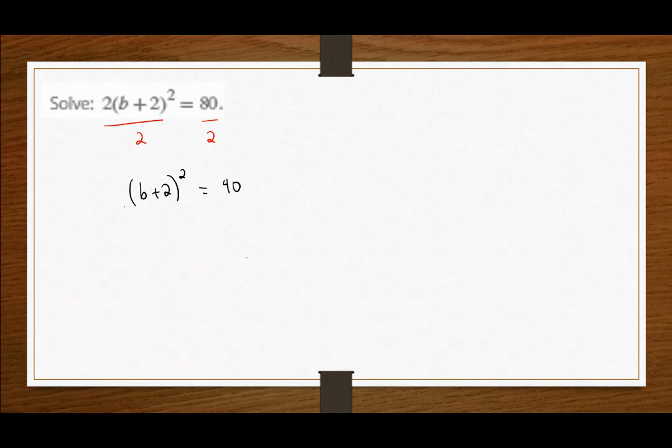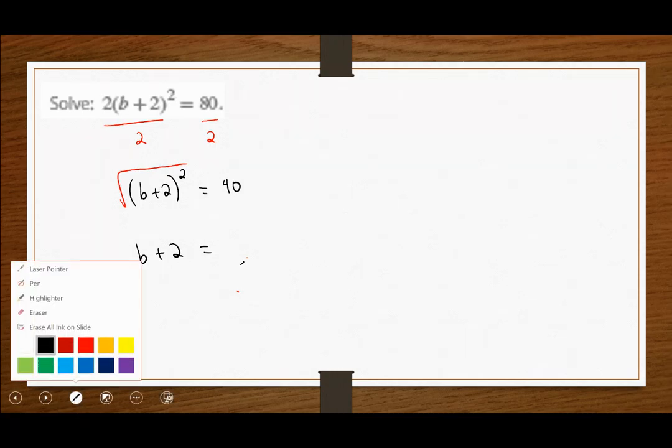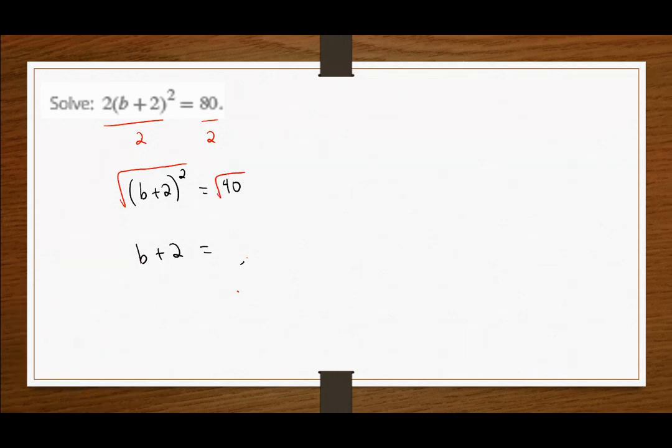Taking the square root now of each side, I get something like b plus 2 on the left-hand side of the equation, whereas the square root of 40 here can be simplified by separating out our perfect squares and non-perfect square factors. In this case, we get the square root of 4 times 10. That would simplify to give me the square root of 4 times the square root of 10.